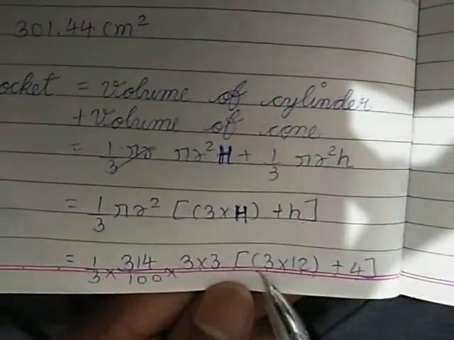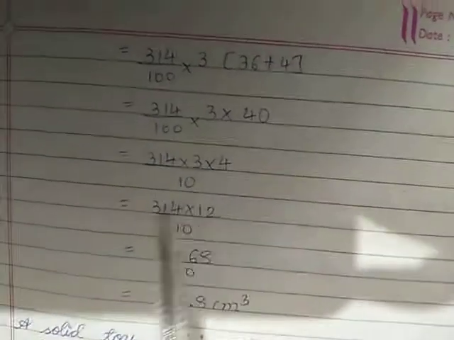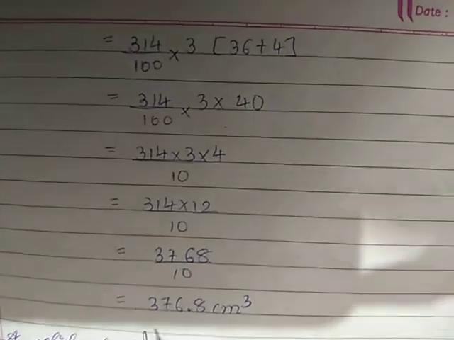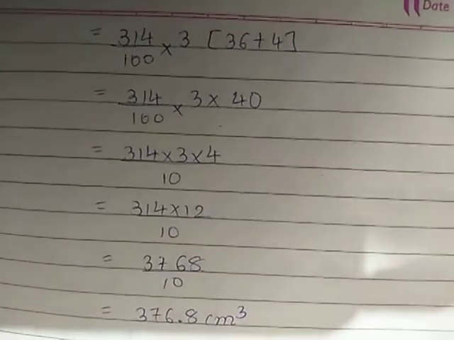So 3H, 3 into 12, 36, plus small h is 4, 40. If you simplify this, you'll get 376.8 cubic centimeter.